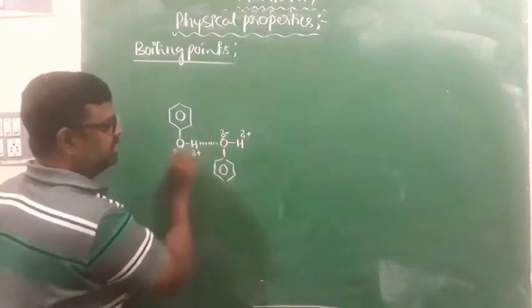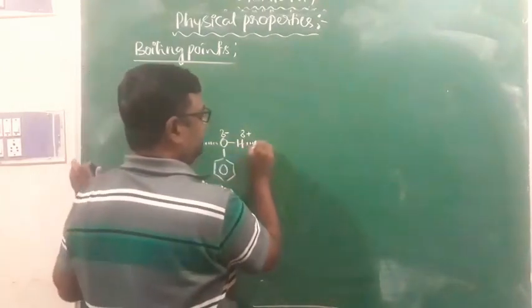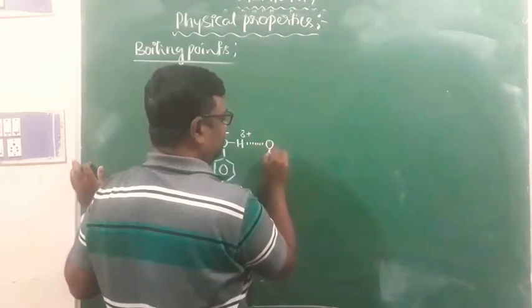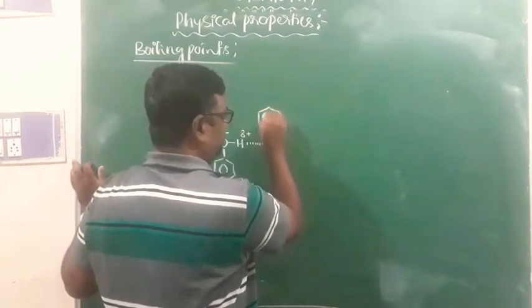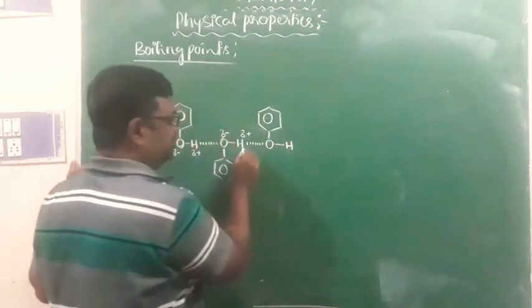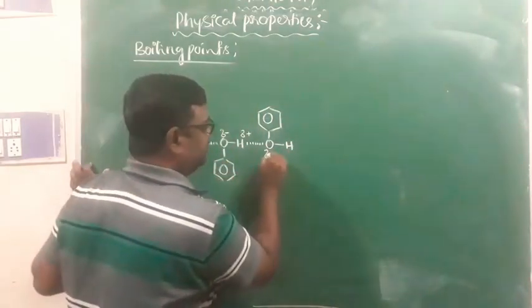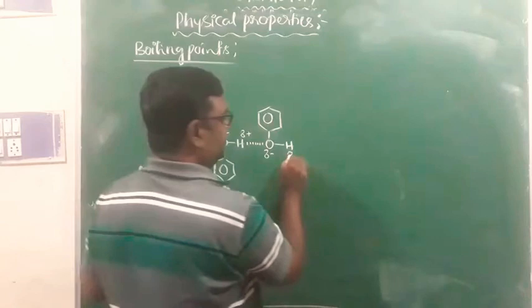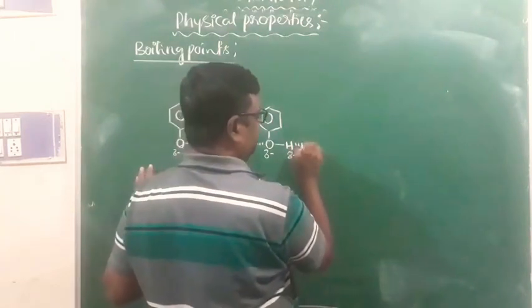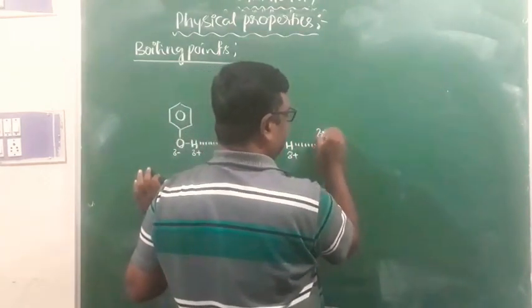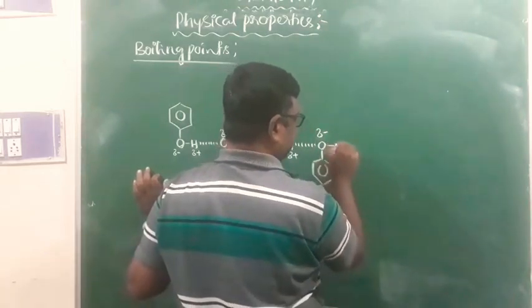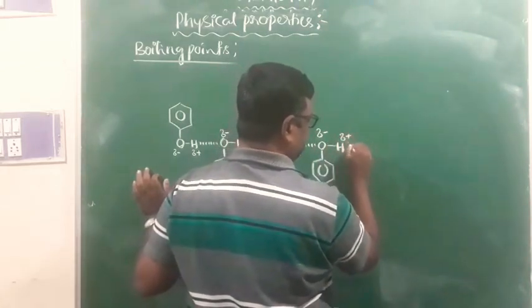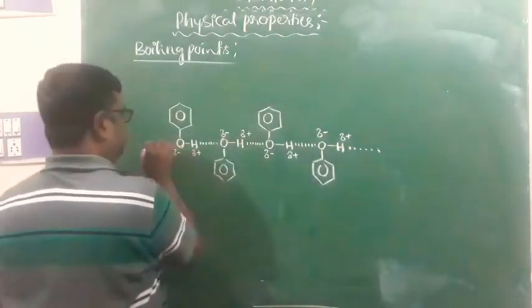Thereby there is intermolecular hydrogen bonding, and that will continue. The positive part of this molecule will attract the negative part of yet another molecule of phenol. This is what we call intermolecular hydrogen bonding in phenols.